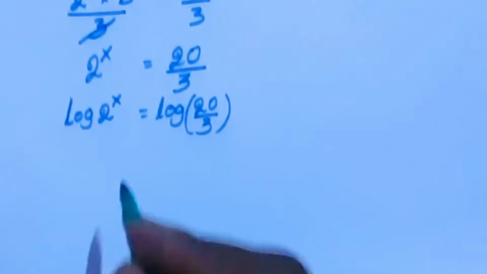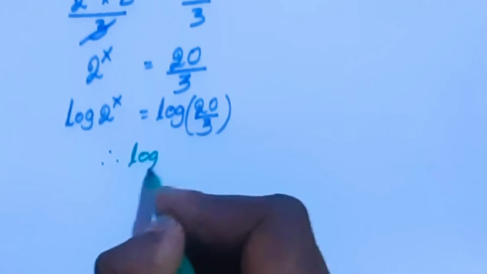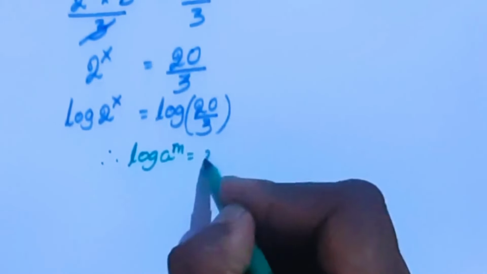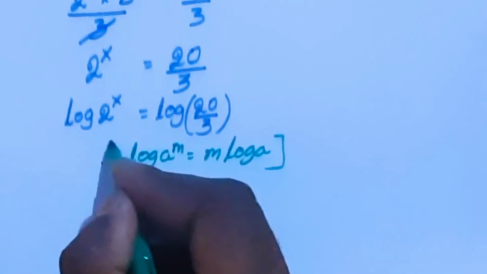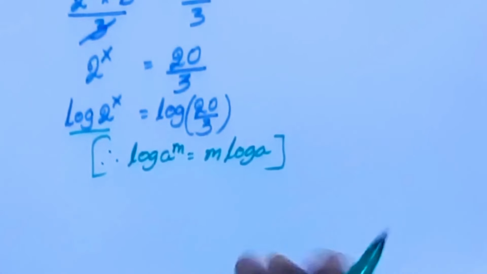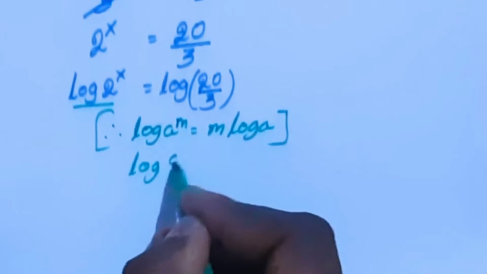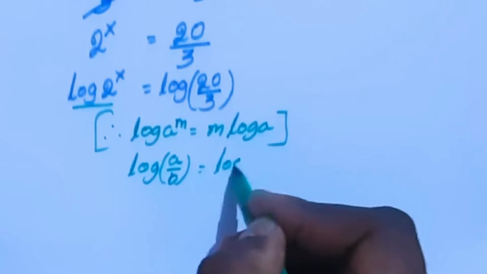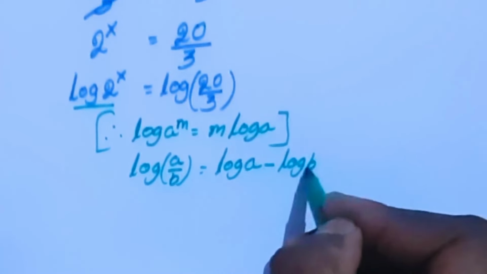Now we are going to apply this log power formula, that is log a power m equal to m log a. This log formula we are going to apply here. Also log a by b equal to log a minus log b.